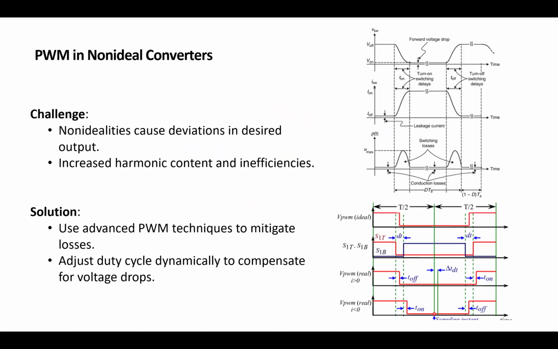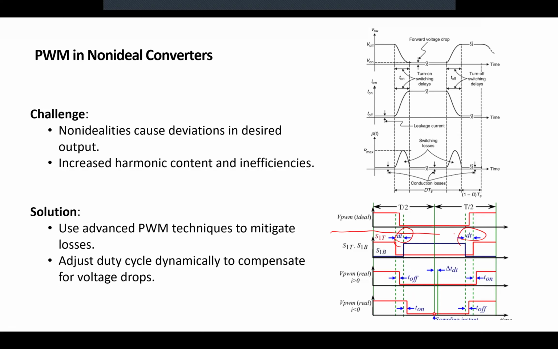Remember that? So it doesn't matter how accurate your PWM is, the reality has a little bit of deviation. So there is going to be a delay on turn on and turn off when you want to do actual.